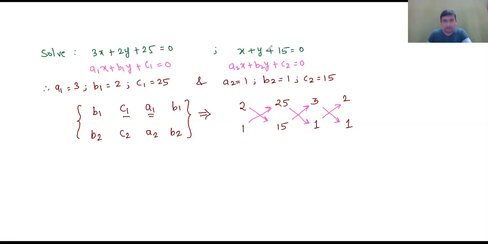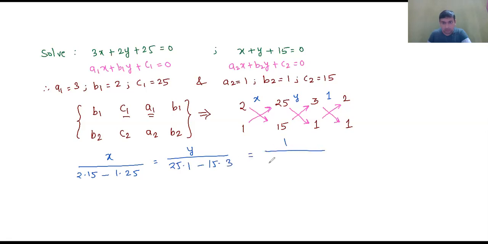Therefore we can write x upon 2 into 15 minus 1 into 25, which is equal to y upon, see this is for x, this is for y, this for 1. So y upon 25 into 1 minus 15 into 3, which is equal to 1 upon 3 into 1 minus 1 into 2.